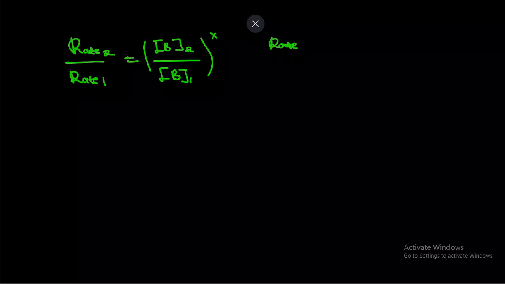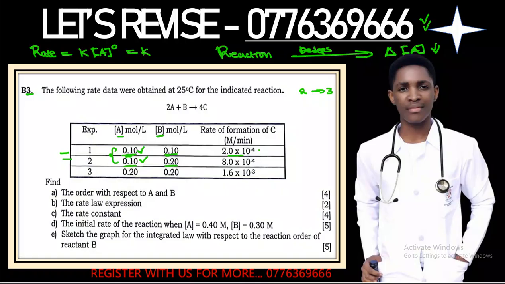our rate 2 is equal to, what is our rate 2, what is our rate 1, what is our concentration 1 for the reactant B, and what is our concentration 2.